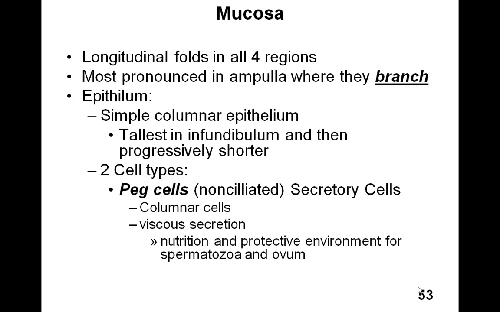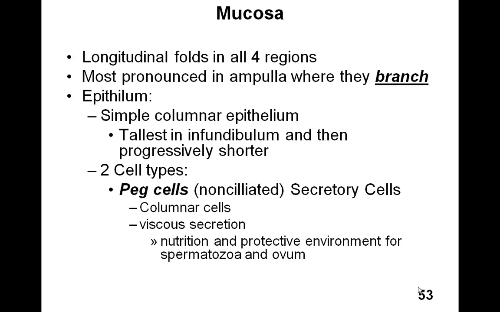Okay? Now, there are longitudinal folds of the mucosa in all four regions of the oviduct. Okay? The infundibulum, the ampulla, the isthmus, and then the intramural zone.